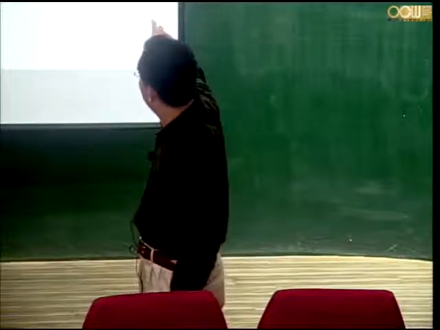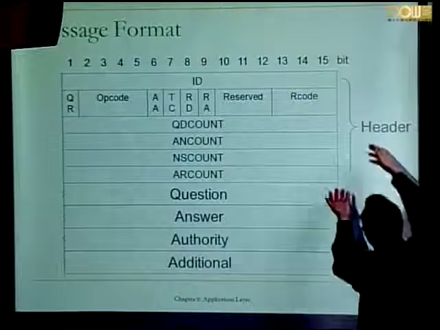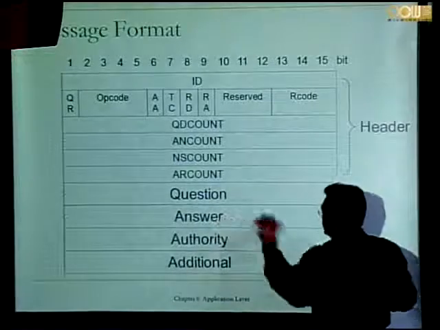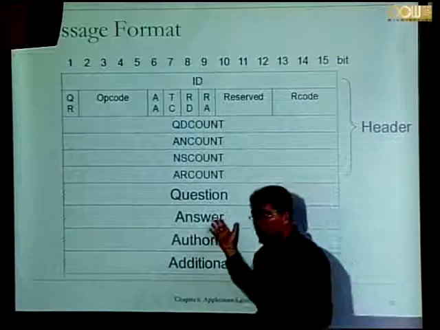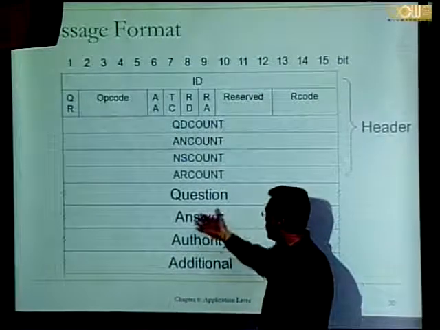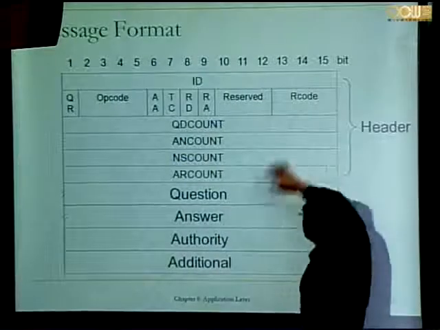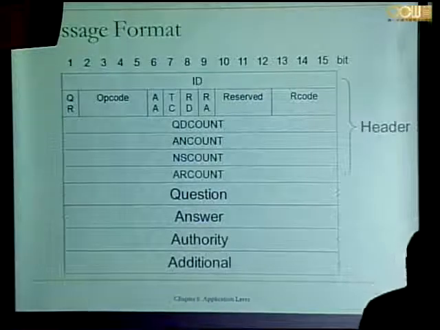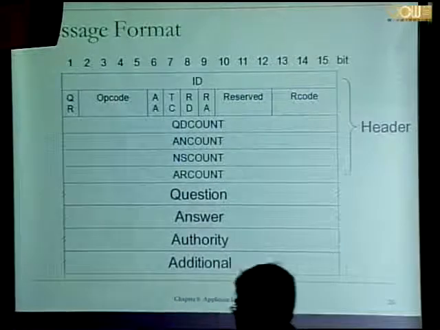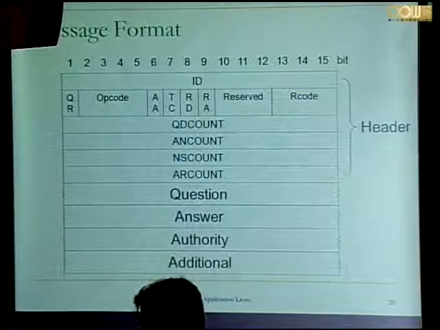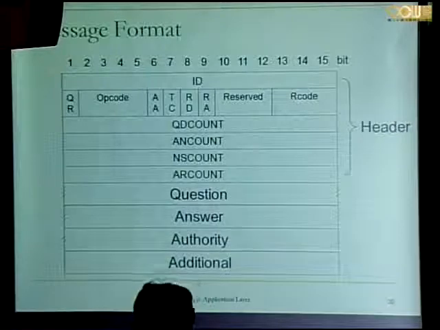Even if you have a fixed header format, this part won't be fixed. Because, for example, the answer you put is either an IP address or a domain name, and it's variable length. So this could be fixed, but this won't be fixed. So later on, when they designed the other application protocols, they totally gave up the idea of having a fixed part in the message. Okay.